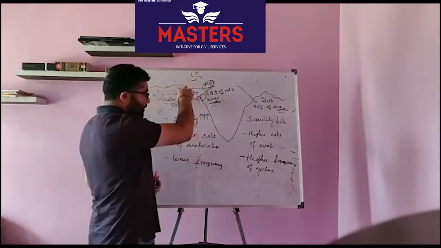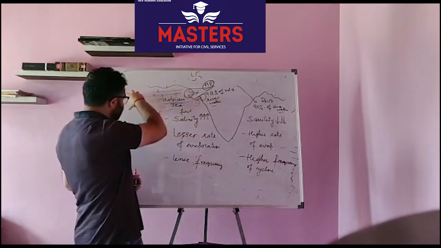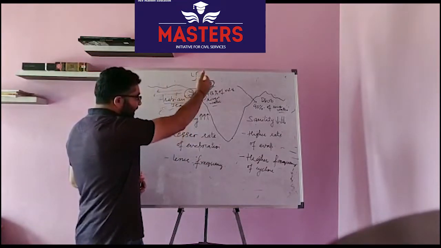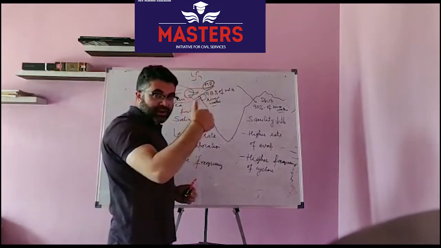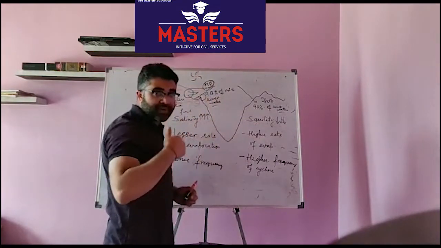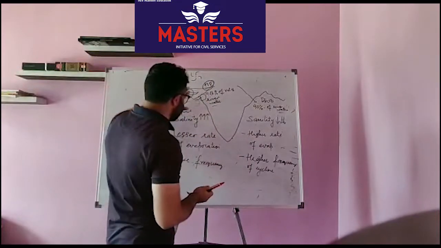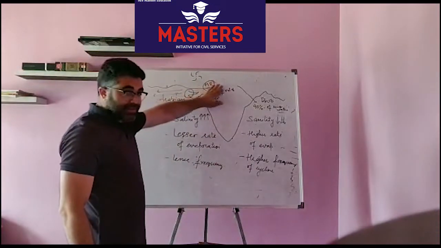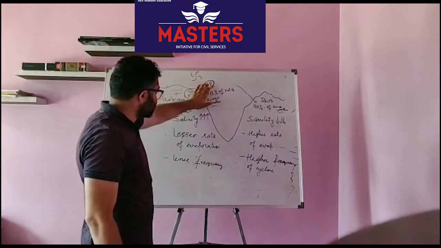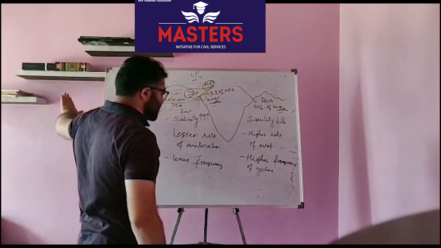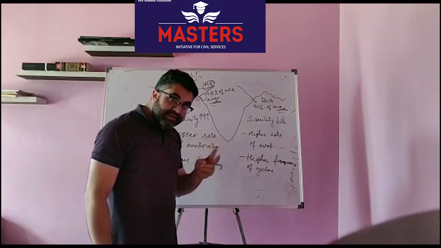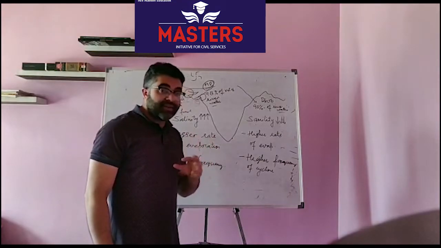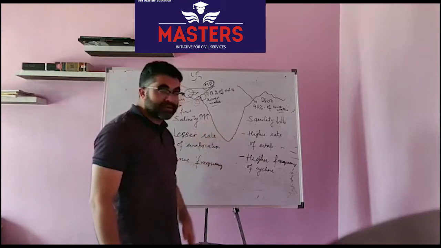So cyclones which originate in the Arabian Sea have east to west movement. Because of the high pressure that develops in the northern part of the Arabian Sea, close to the coast of Gujarat, the winds push these cyclones towards the west. So these are the reasons why we have a lesser frequency of cyclones in the Arabian Sea.